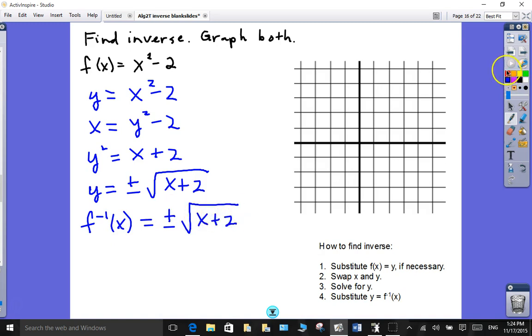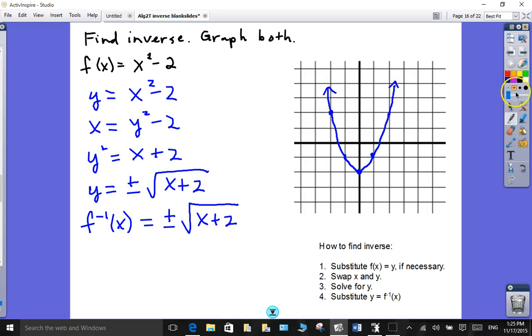Okay, so for the graph of x squared minus 2, that's a parabola, right? That's a simple parabola. It opens up because the leading coefficient is positive. It has a y-intercept of negative 2. So I can sketch that in. It will look something like that.